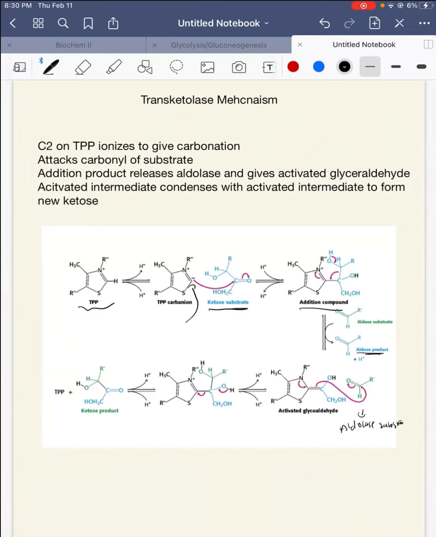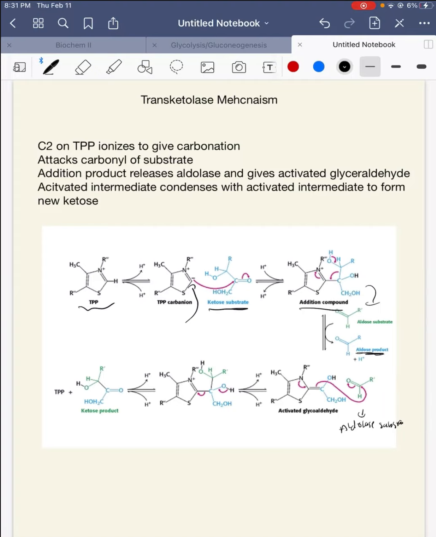Because when this happens in the cell, a bunch of different addition compounds are made, so they'll release different aldose substrates. One of them is our product, and the other one participates in the next reaction.